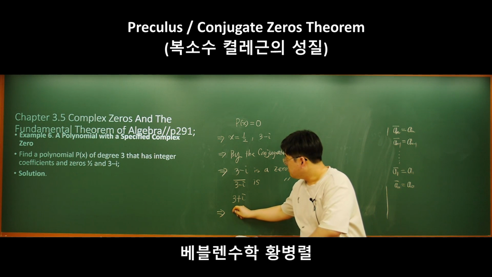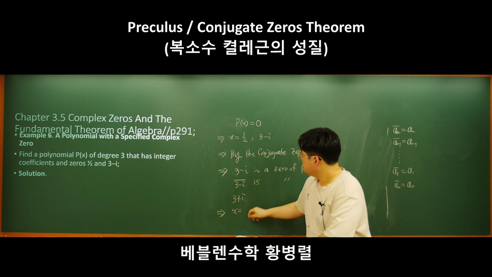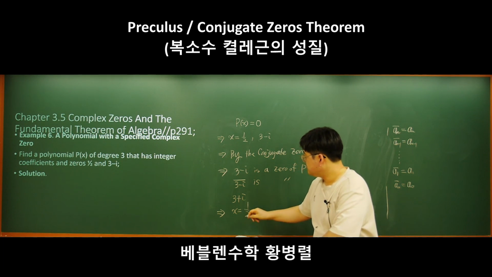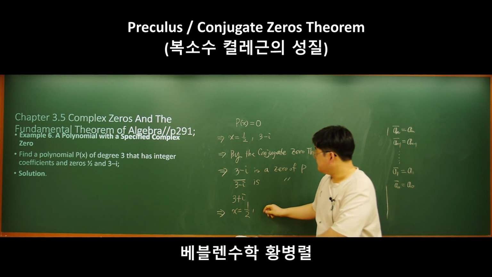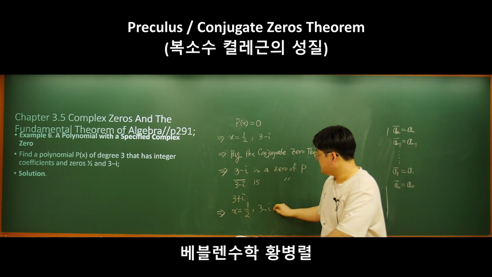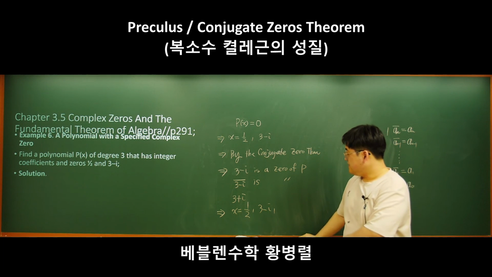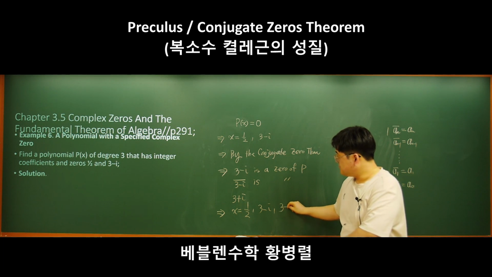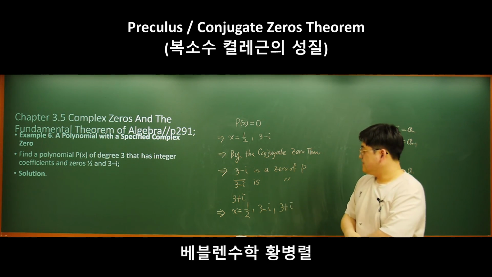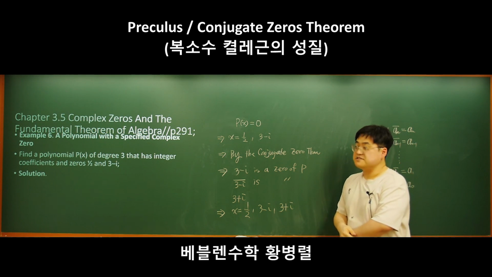All zeros of this polynomial are 1 over 2 by given, and 3 minus i and bar of 3 minus i, which is 3 plus i.